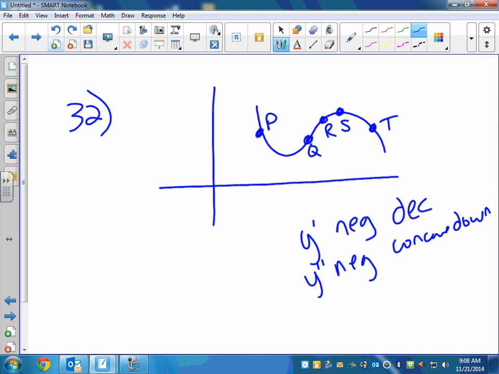Looking at P, no, it's concave up. Q, that's almost a point of inflection, so no. R is increasing. I think the answer to 32 is T only. Concave down means the tangent line is above the curve.